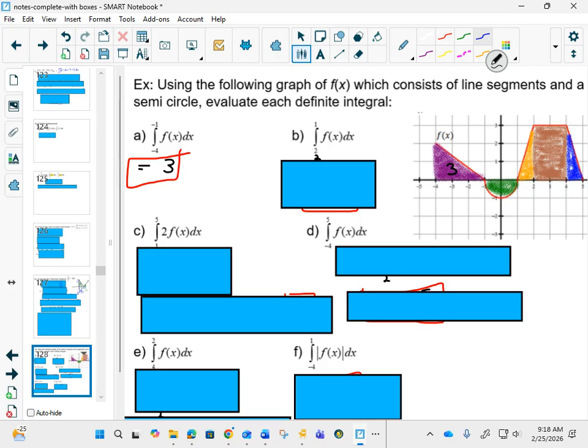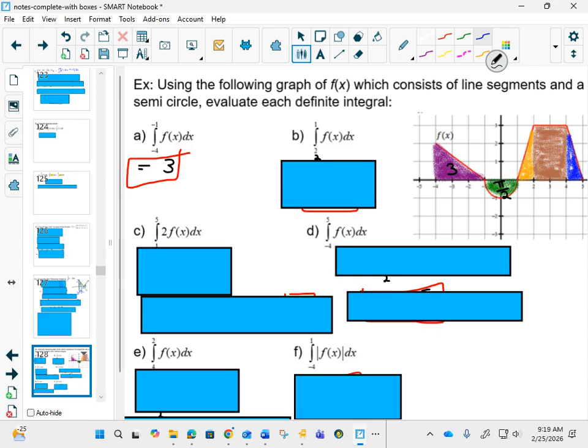And we're going to write the area for each of these. Do you see the green part is a circle? Half of it. Area of a circle is pi r squared. So this would be pi, radius is 1. Area of the whole circle would be pi. Then the area of that half circle would be pi over 2.